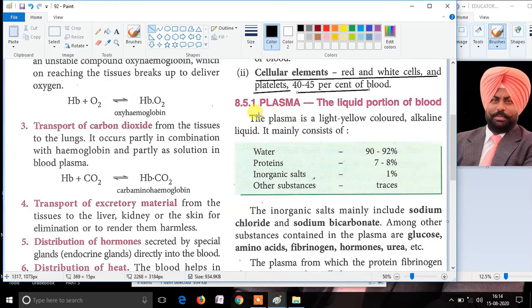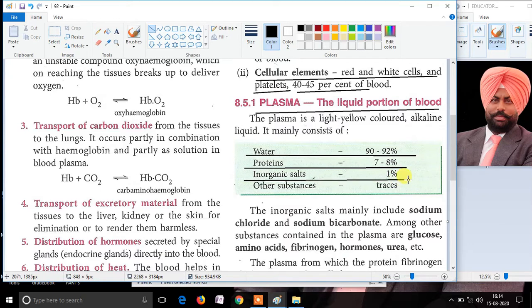Moving on further, the liquid portion, plasma, contains several other components. It consists of water 90 to 92%, protein 7 to 8%, and inorganic salts about 1%, and plasma may also contain certain other substances in traces.